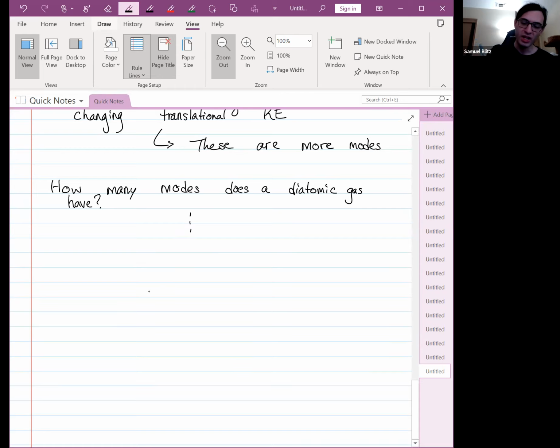So let's say that we have our diatomic molecule on a set of axes, right? So we have X this way, we have Y this way, and we have Z this way. And let's say our diatomic molecule is currently oriented this way, right?